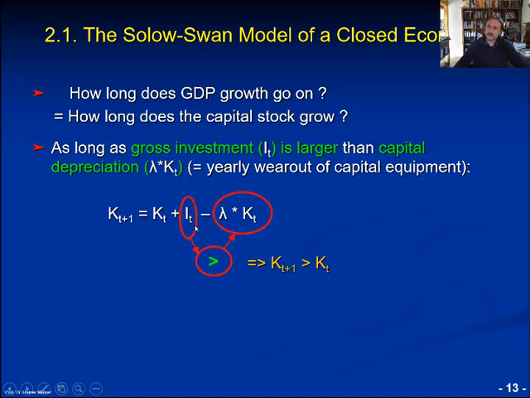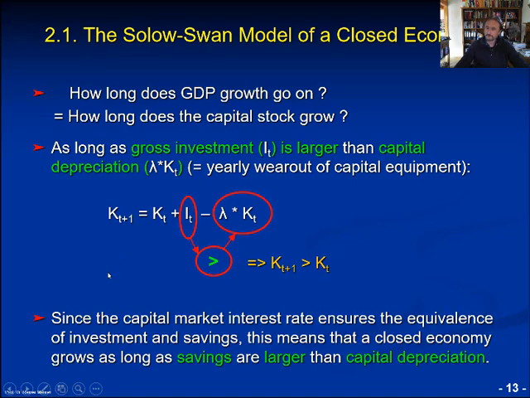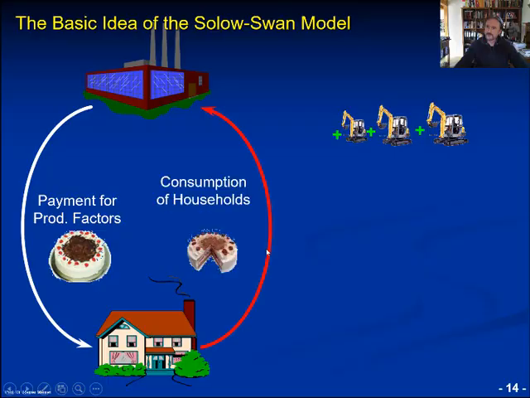If gross investment is just equal to capital depreciation, then this growth stops and the capital stock of this year is equal to the capital stock of the next year. So we need gross investment larger than capital depreciation to have economic growth, in other words.